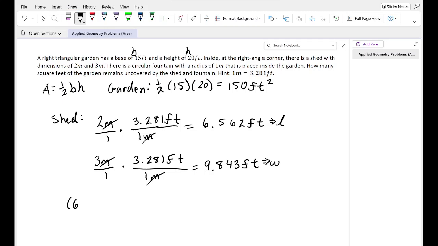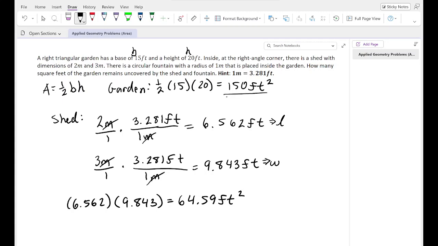So 6.562 times 9.843, and when I get my area here, I'm going to get 64.59 square feet, and I'm rounding this to 2 decimal places. So this is the area of the shed.